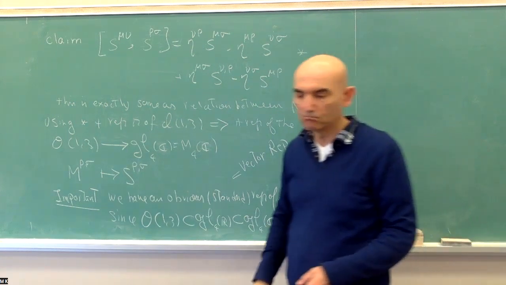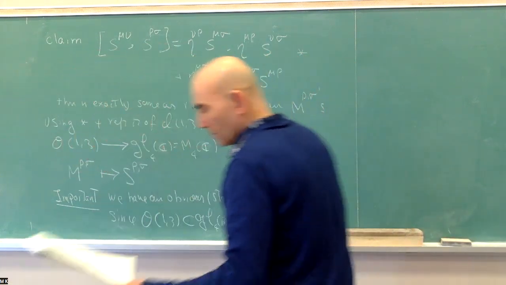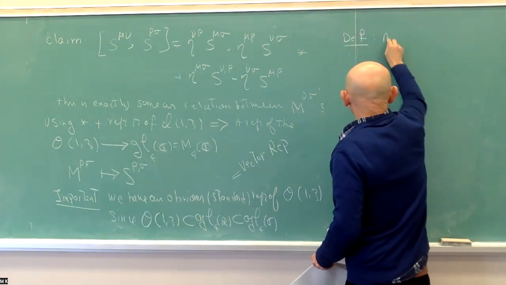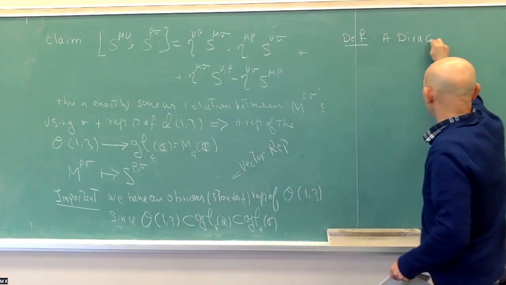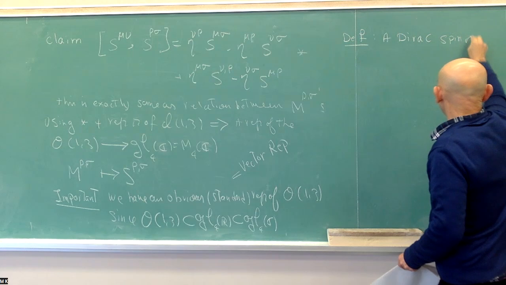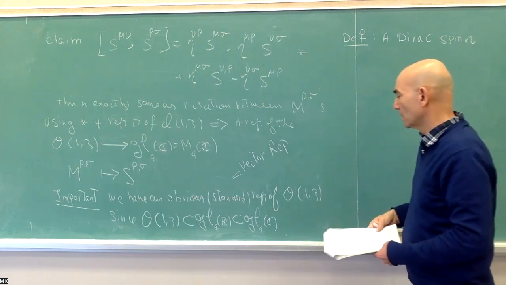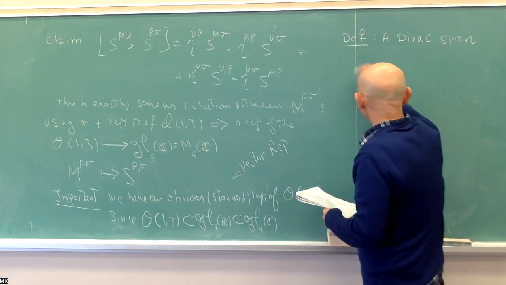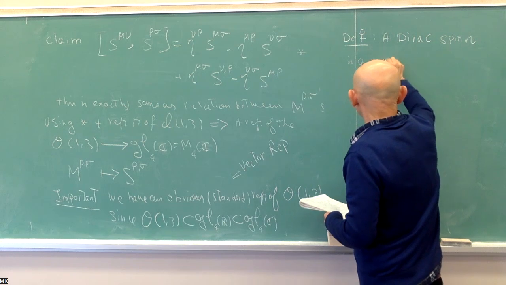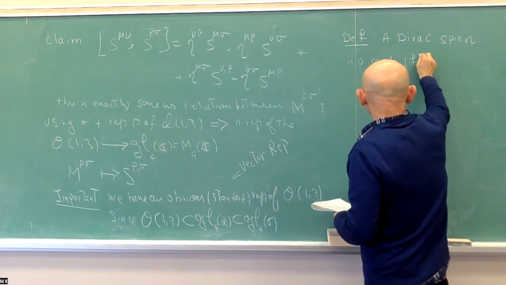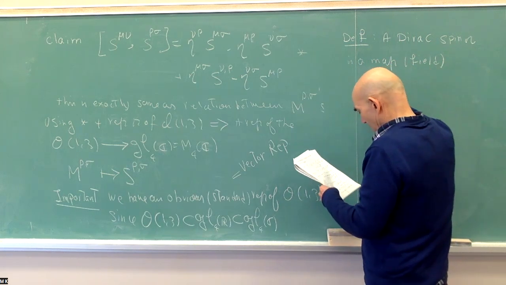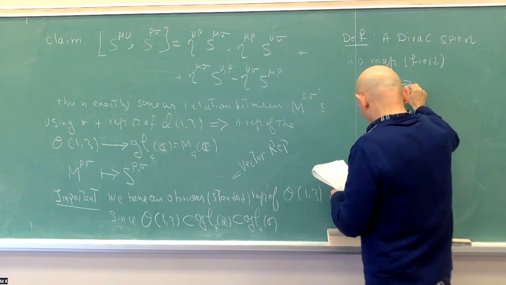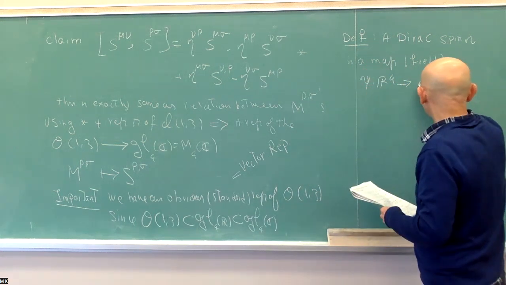Definition. A Dirac spinor is a map, you can call it a field, psi from R4 to C4.